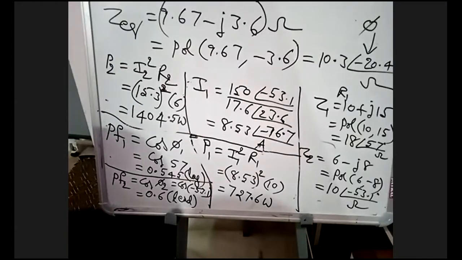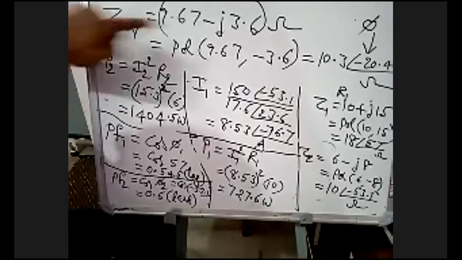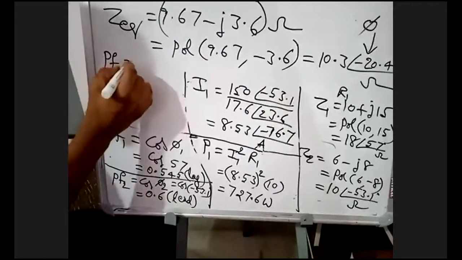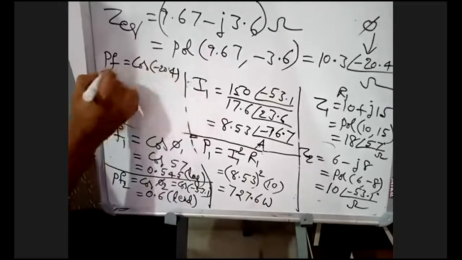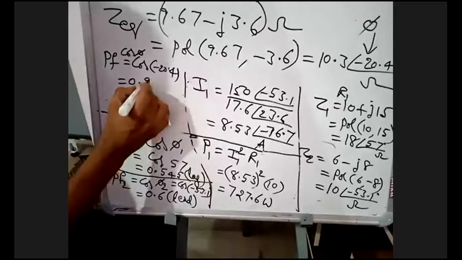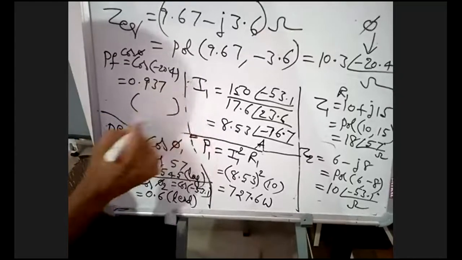Now the problem asks us to find the power factor of the individual circuits and the power factor of the combination, the combination of Z1 and Z2, which means Z equivalent. What is your phi? Minus 20.4. The power factor of the entire circuit is cos minus 20.4, which is 0.937. Leading or lagging? Leading.